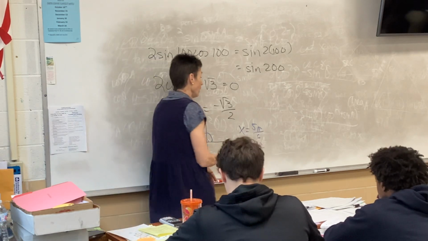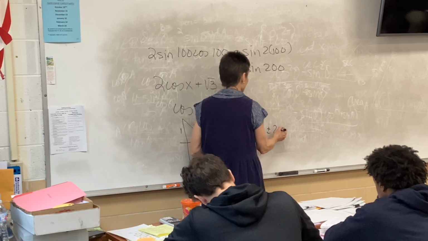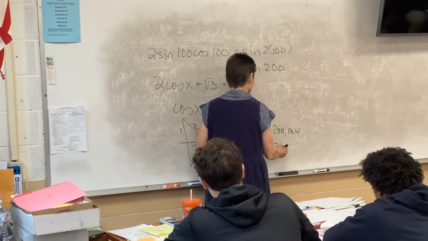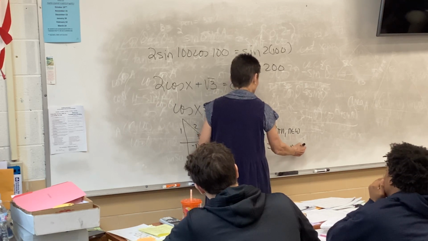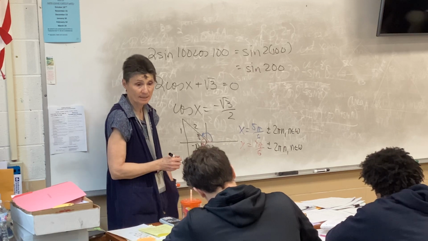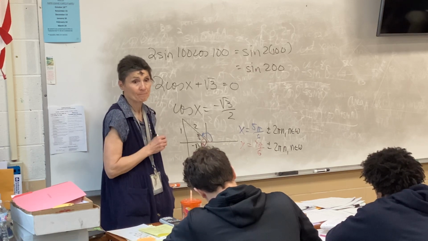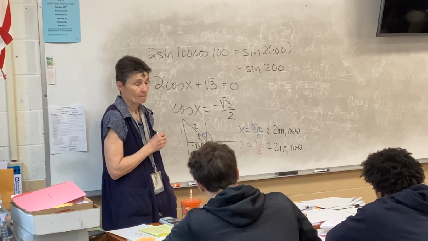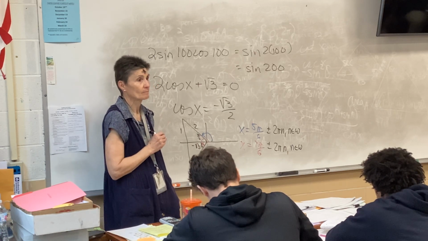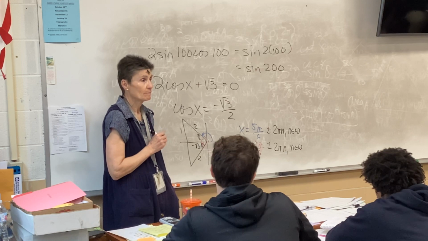But since we want all of them, we have to find all the coterminal angles. And how do we find coterminal angles? We add revolutions. And in radians, a revolution is 2 pi. You add or subtract a revolution. So that's all of them. Okay?